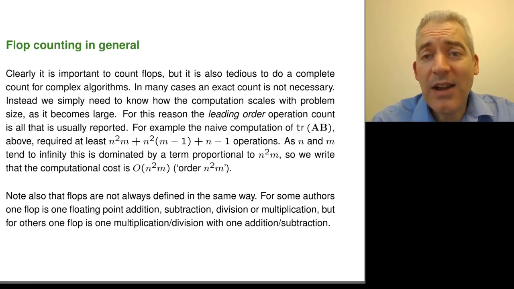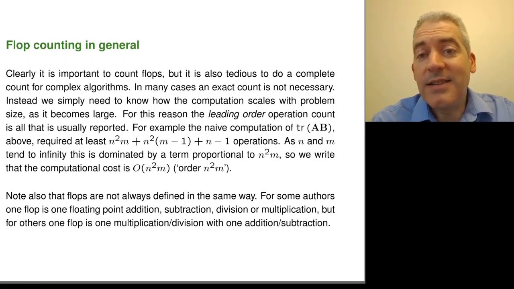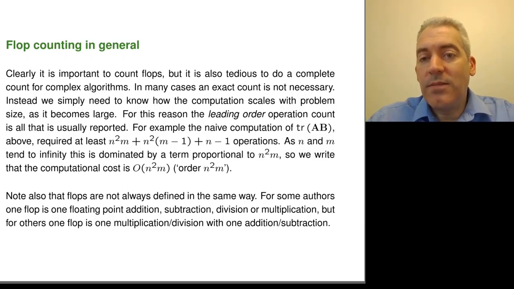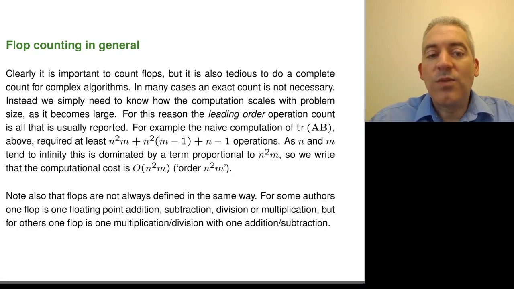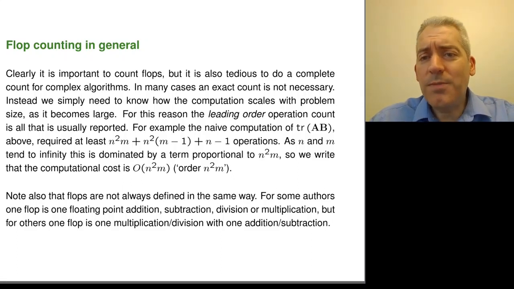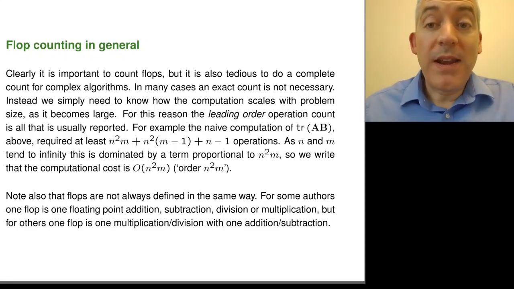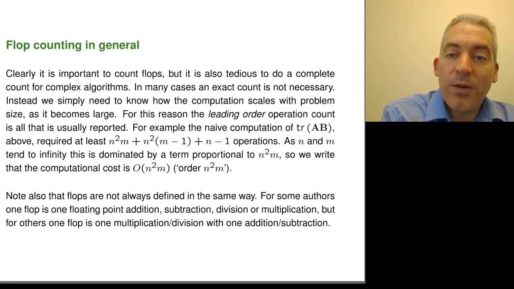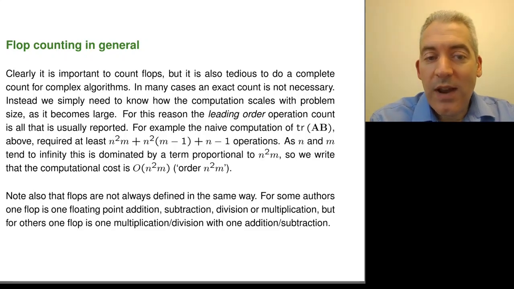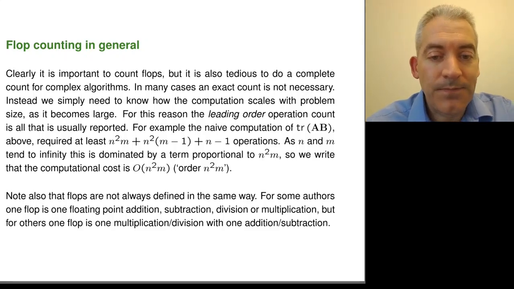But the other is that actually the way a lot of modern chips work, a multiply and add is a single atomic floating point operation, and so it actually makes more sense to count that as one flop. So just be aware that some people would count a multiply and an add as two separate operations, but many people would actually just count them as one operation, and that makes tracking flops even simpler.